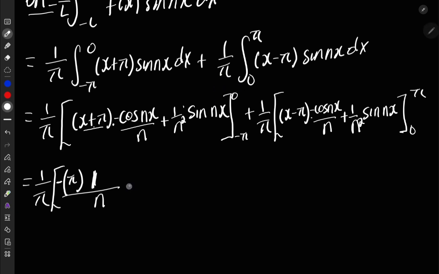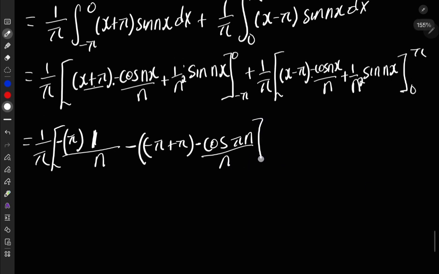And then you're just going to say minus. When you substitute negative pi there, it's going to be negative pi plus pi, then negative cos pi n, because when you substitute negative pi in cos, you just write it positive because cos is an even function, divided by n.